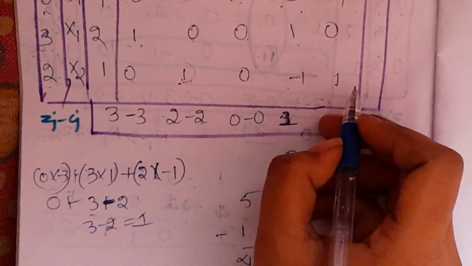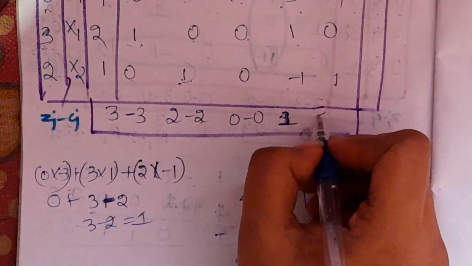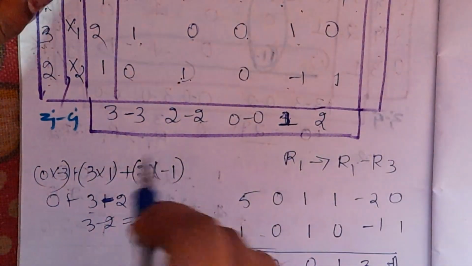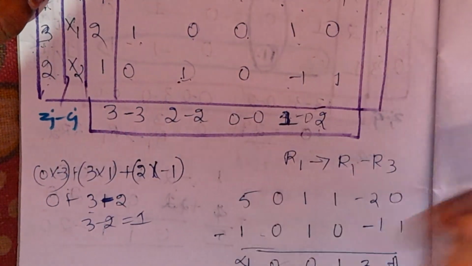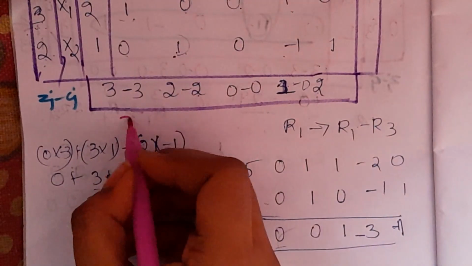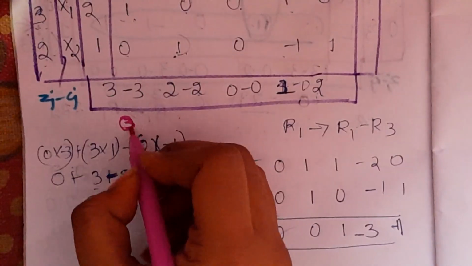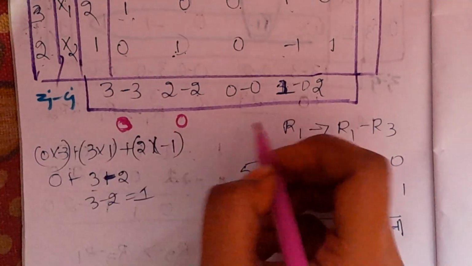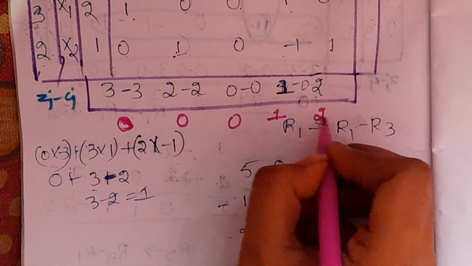Then 0 into 0, 3 into 0, 2 into 1, so here we will get 2. Minus 0. So the values we got are 0, 0, 0, 0, 1 and 2.